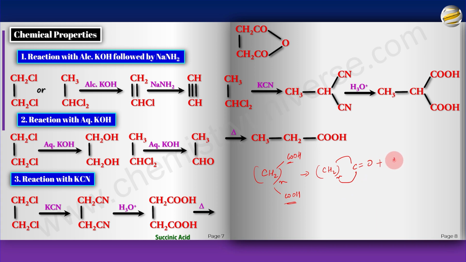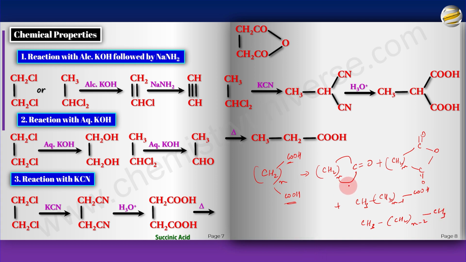You can get a cyclic anhydride, which is what you got previously. You can get a carboxylic acid. And you can even get an alkane. Now just try and understand what I'm saying.